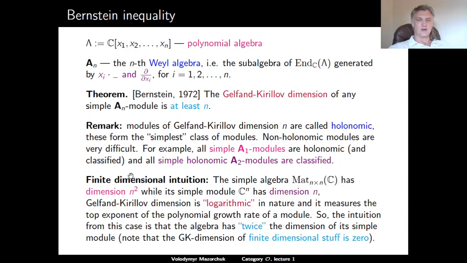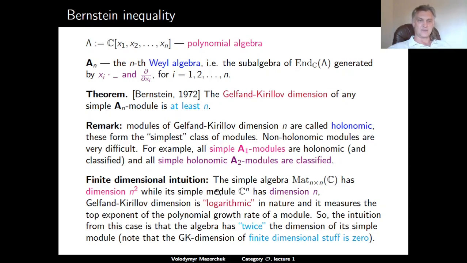So if we take the logarithmic version, then the logarithm of the dimension of the algebra here is 2, basically, and the logarithm of the dimension of the module, the degree, is 1. So the dimension of the simple module is logarithmically 1/2 of the dimension of the algebra. This is very rough speculation, of course, because the Gelfand-Kirillov dimension of finite dimensional structures is, of course, 0 because they do not grow.